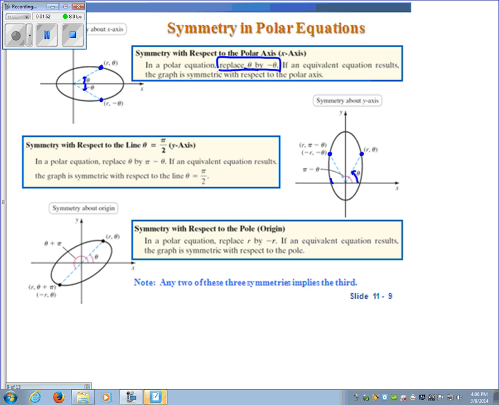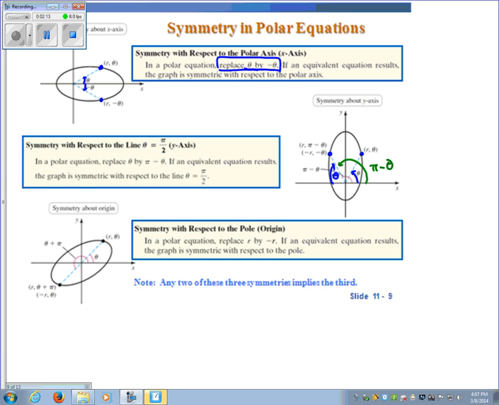In quadrant 2, the angle corresponding to this point would have reference angle theta right here, which means that the angle corresponding to this point could be this angle right here, which would be pi minus theta.